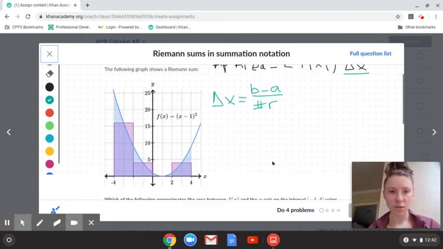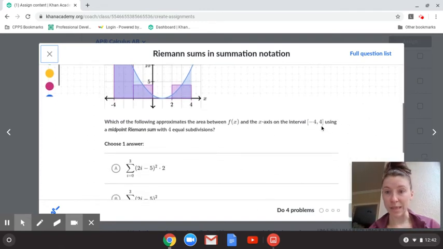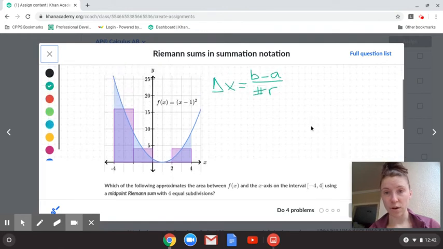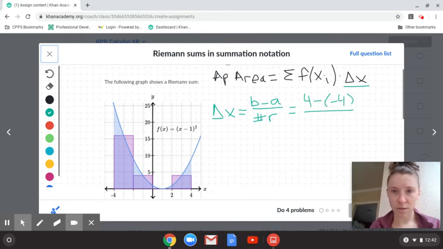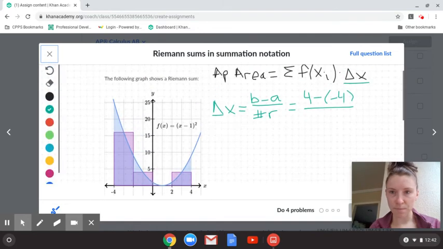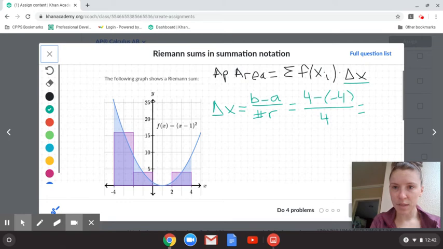Okay, so going down here, it looks like our b is 4 and our a is -4. So 4 minus -4 over number of rectangles, they said was 4. So this becomes 8 over 4, which is 2.